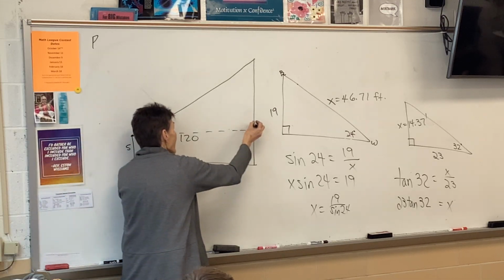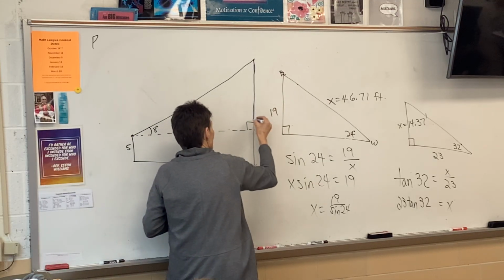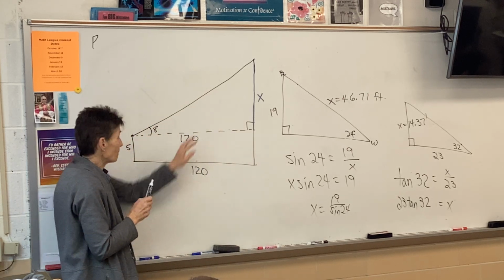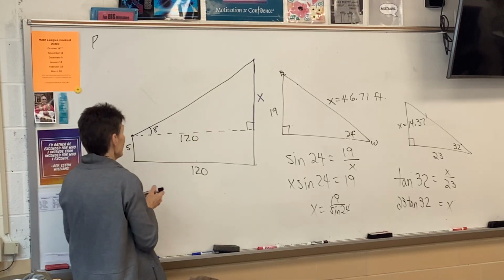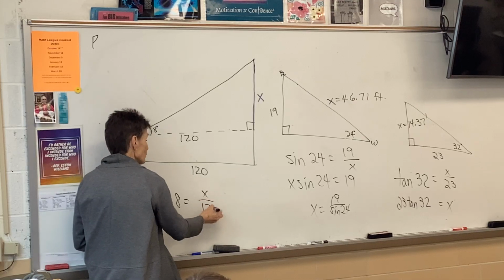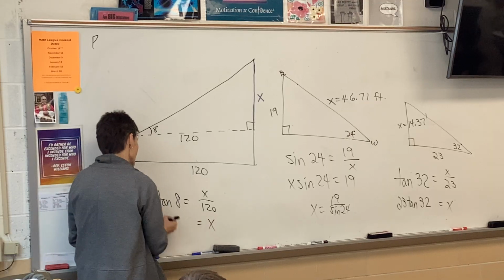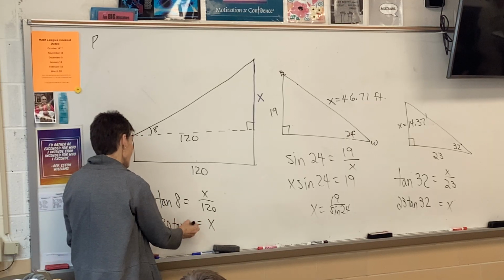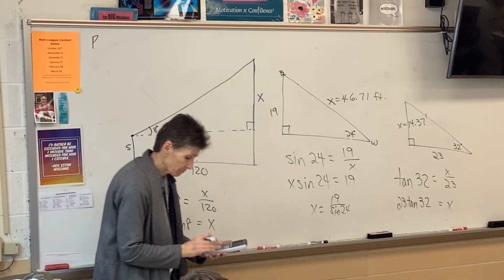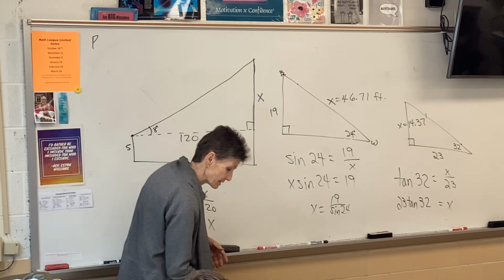Could I solve for this blue thing right here? Can I figure out that blue thing using my triangle? So let's see, that would be tan 8 equals x over 120. So x equals 120 tan 8. Okay, well, let's do that. So the blue thing is 16.86.